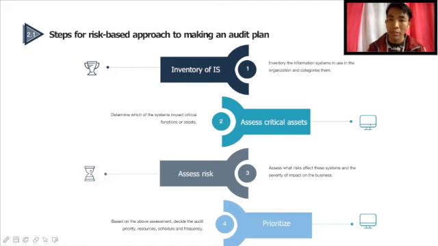Number 2, assess critical assets. Here we determine which of the systems impact critical functions or assets. Alin dun sa mga systems na meron sila greatly contribute to organizational goals and objectives.